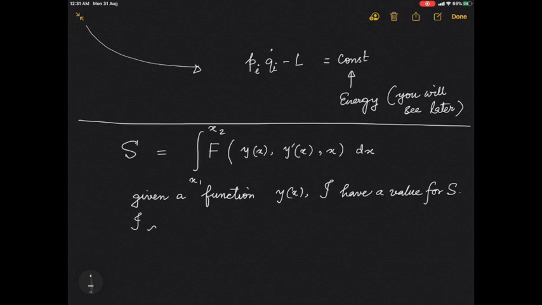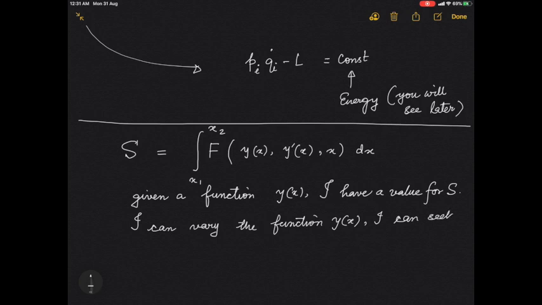And I can vary now the function y(x), and as I vary the function y(x), I can seek extrema of S, sorry.